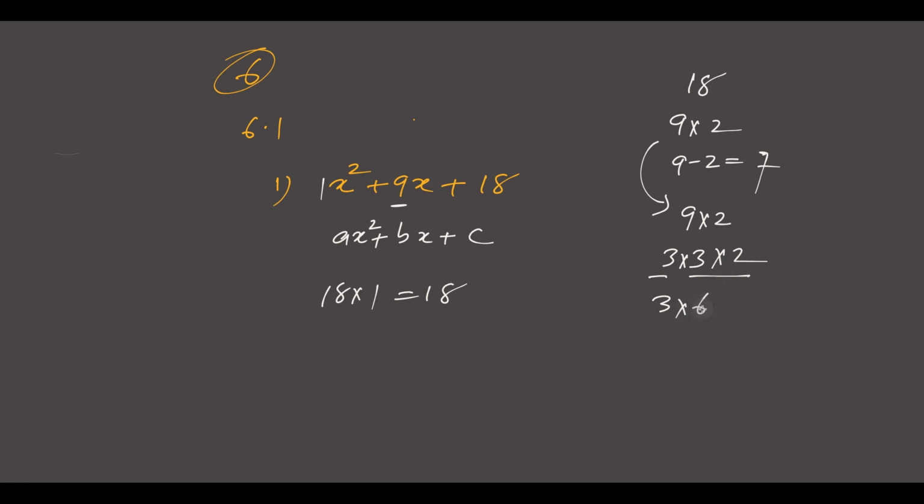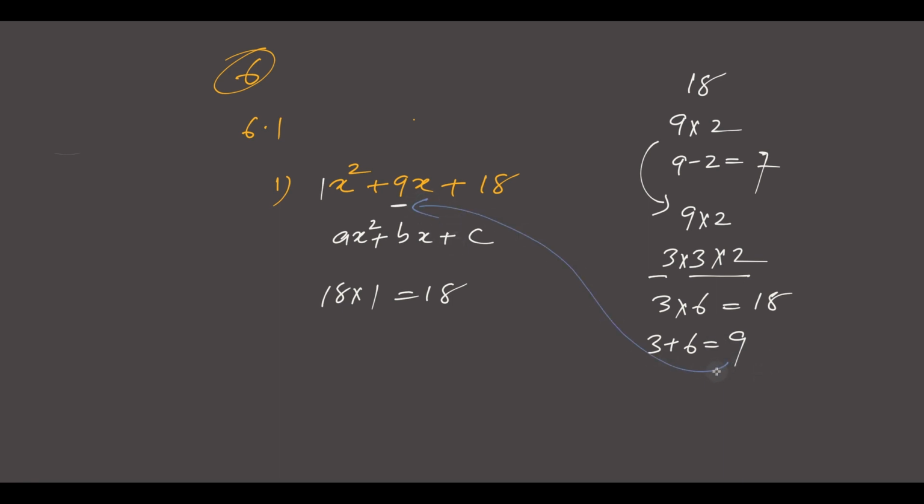Now if you multiply 6 and 3, it gives 18, but if you add these two numbers, you are going to get the middle number, which is 9. This is how you can get the middle number.